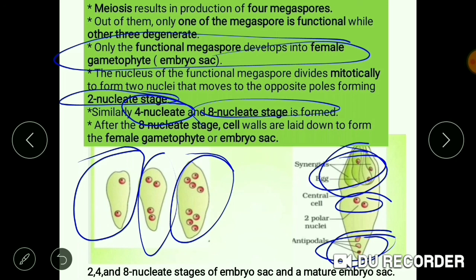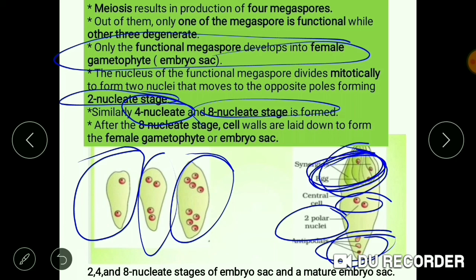They are called polar nuclei. While the three cells which have been formed over here containing the cell wall are altogether termed as egg apparatus.